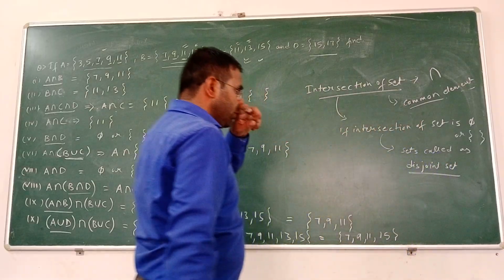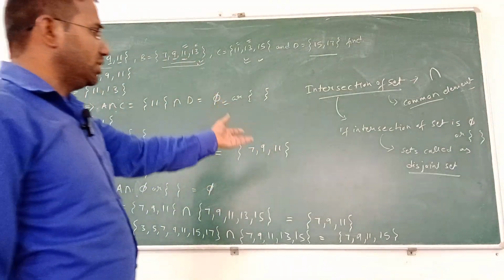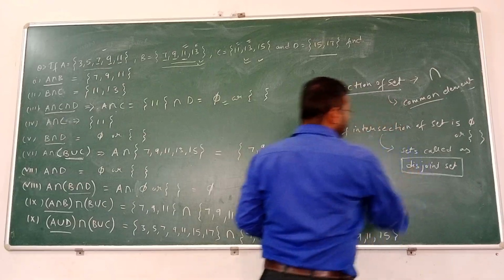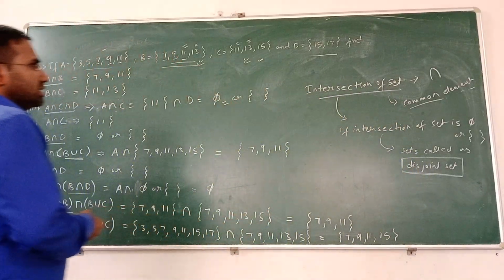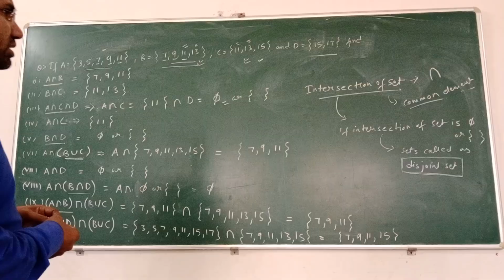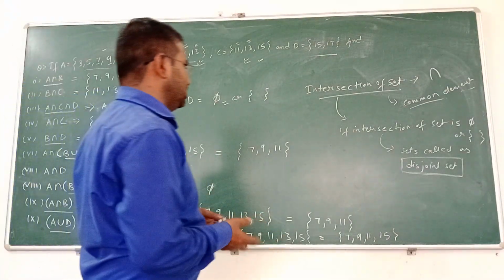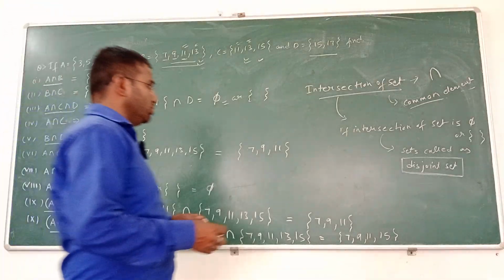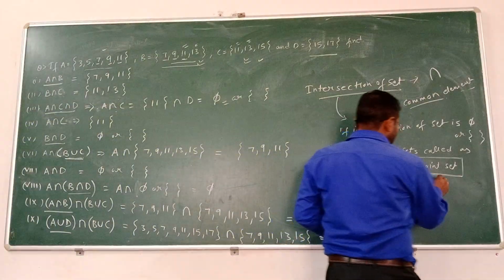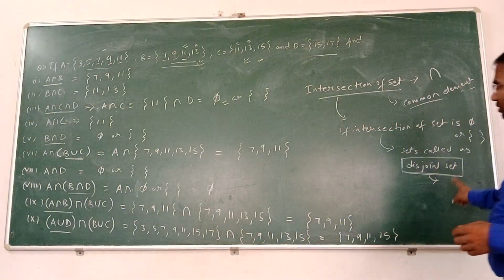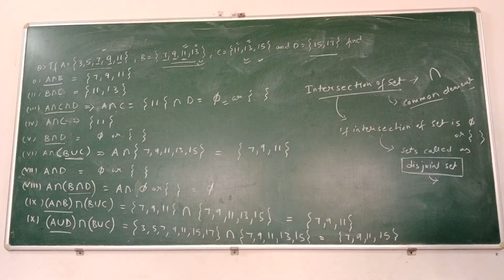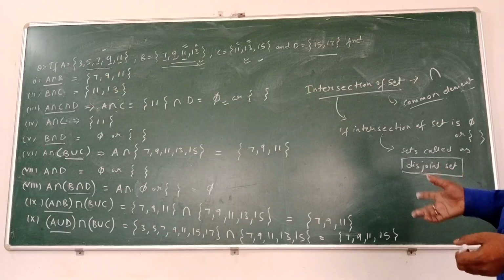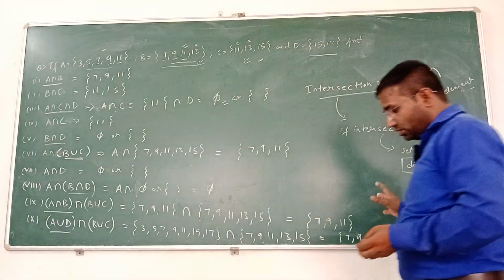So from here we know one type of set, the disjoint set. Two or more sets whose intersection is phi, or has no element, are called disjoint sets. In one video we will discuss some disjoint sets also. We will check in questions which sets are disjoint and which are not disjoint.